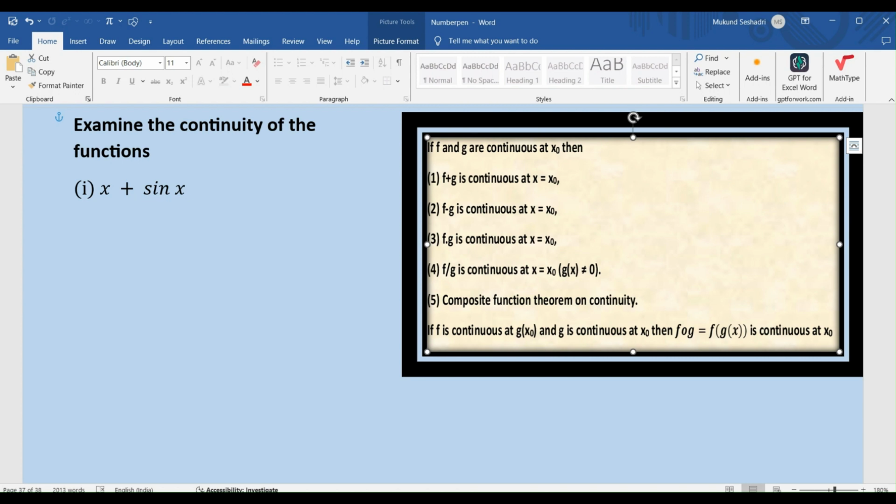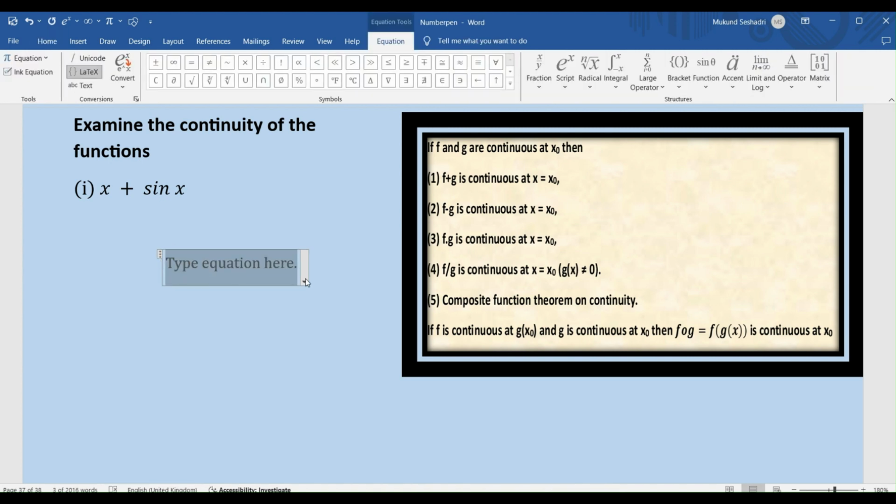So with this, let's move on and solve the first problem in this video, which is x plus sine x, right? Now if I treat my x as f of x and my sine of x as g of x, let's write that down.